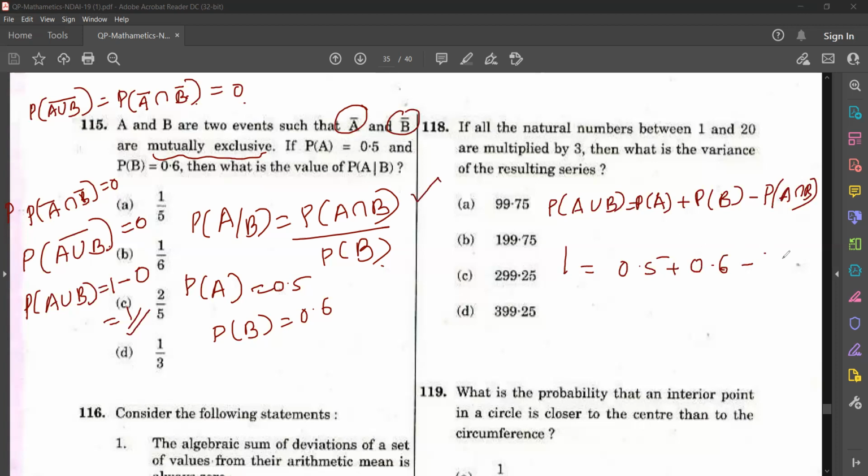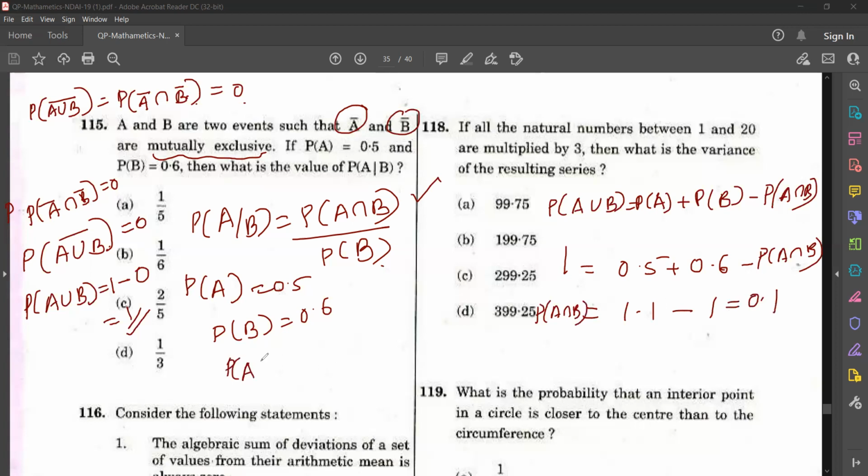So what would you get for this? That will be 0.5 plus 0.6, 1.1 minus 1. P of A intersection B, we'll get it as 0.1.